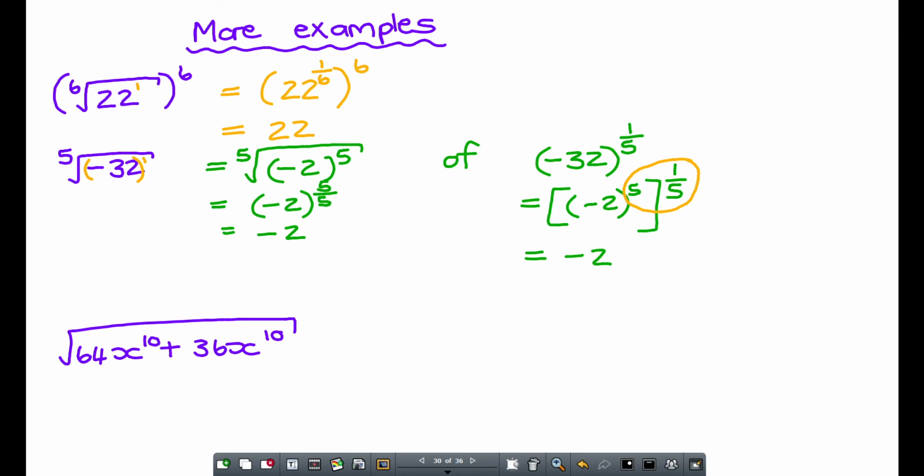Do you remember that when we did roots, whenever you see a plus or a minus, it's usually like terms. So we could simplify first. You add them together, and that gives 100x to the power of 10. And that you could say is 10x to the power of 5.